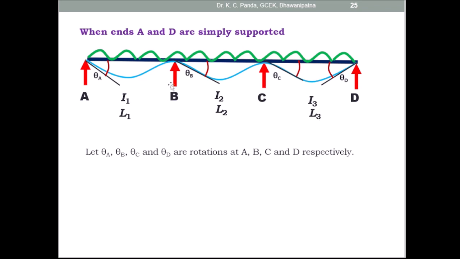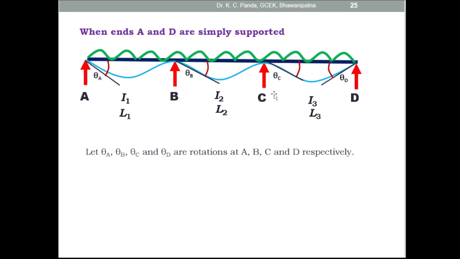So here you can find out the relative stiffness of the members AB, BC and CD, but as the end is simply supported, you can find out the modified relative stiffness of the member for the span AB and for the span CD. At the ends A and D, which are simply supported, for the end span AB, KBA is equal to 3 by 4 I1 by L1.